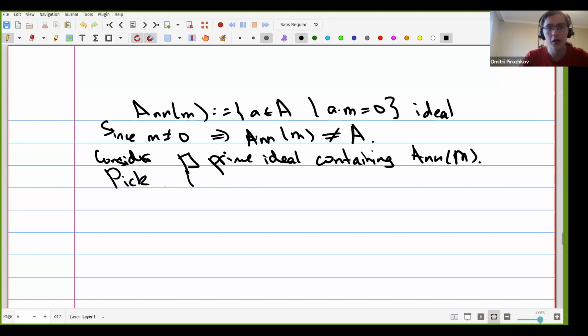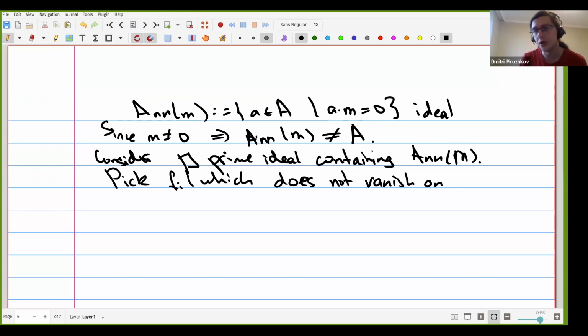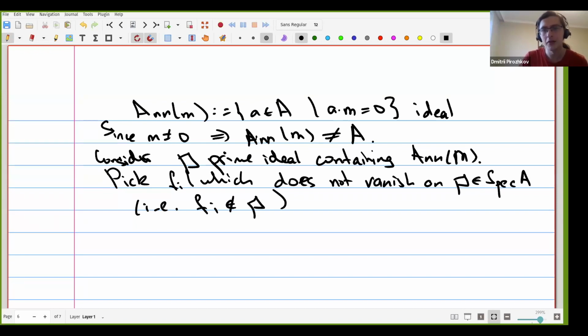Now we can pick some Fi, which does not vanish on P. So Fi's were elements of the ring, and we think of them as functions on the spectrum. So we say which does not vanish on P as a point in the spectrum. In other words, Fi does not belong to this prime ideal.